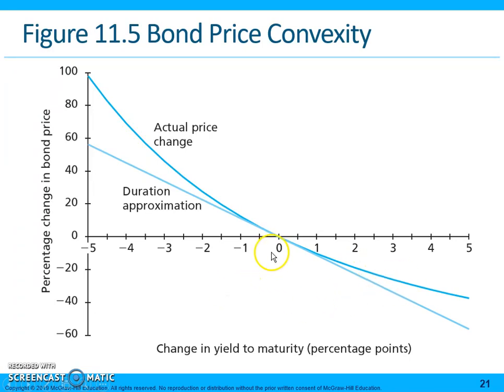So again, the reason for that is duration is a linear approximation that takes the convexity out of the bond price calculation.